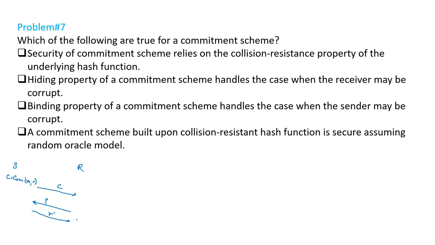Now if, instead of the actual randomness R, the sender sends another randomness R dash such that the receiver finds the message to be some M dash which is not equal to M, that means the sender is cheating the receiver, because there is a non-negligible probability with which the commitment of M comma R and the commitment of M dash comma R dash are the same.